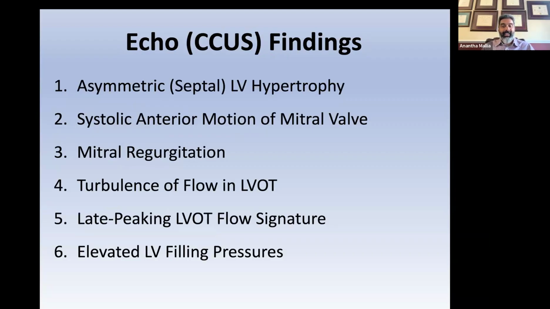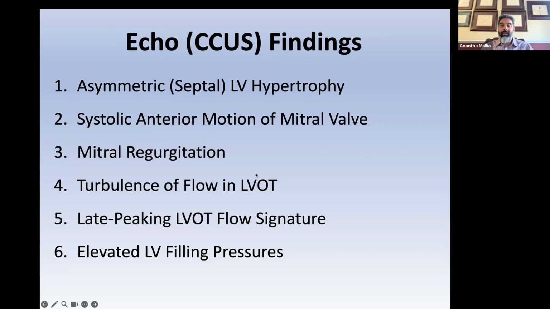These are the 6 cardinal findings that you, with your current skill set as an intensivist, can apply to arrive at the diagnosis of HCM, and to some extent, get an idea of how severe the disease state, the pathophysiology, is in your particular patient. So I'm going to be reviewing each of these in sequence.